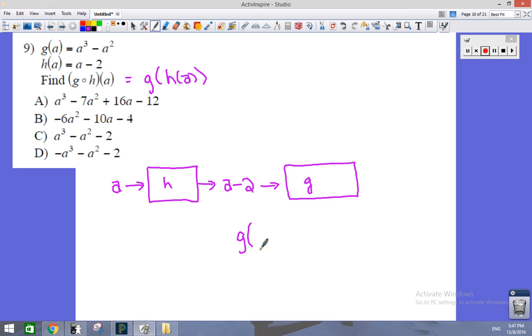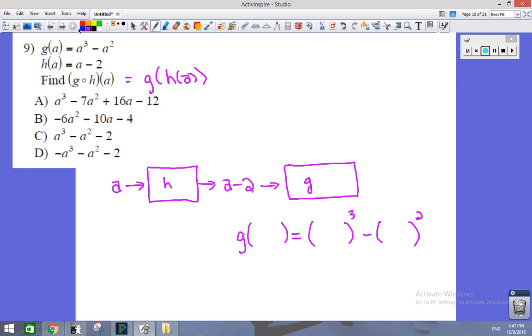And G is a little more complicated because the first number of this subtraction problem is the input, no matter what it is, cubed. And the second number is the input squared. Okay? So when that's a number, it's not very difficult at all to, if that was the number 5, take 5 cubed and see it as 125, and take 5 squared and see it as 25, and 125 minus 25 is 100.